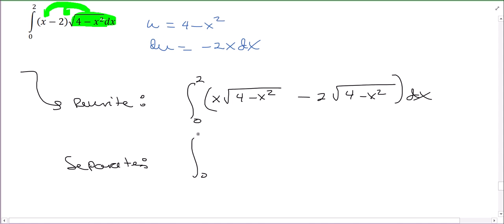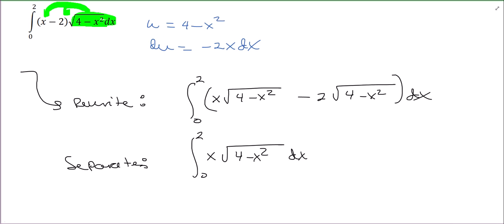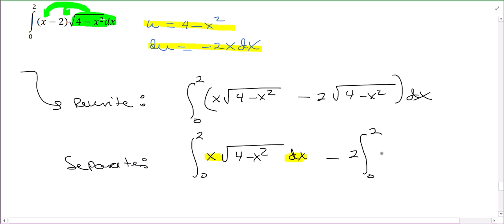So this will be the integral from 0 to 2 of just x times the square root of 4 minus x squared dx. And now notice, ta-da! I can use this substitution with this integral because there's my x dx. And then minus the integral from 0 to 2. Let me bring this 2 out of the square root of 4 minus x squared dx.